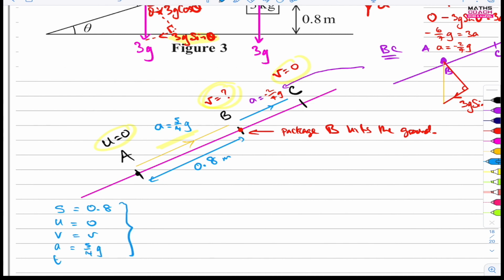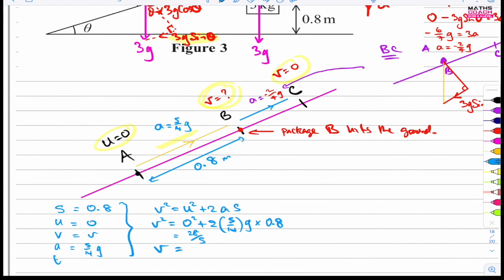So all that can go into v squared equals u squared plus 2as. So v squared will be equal to 0 squared plus 2 times 5 over 14 times g times s, which is 0.8, and then square root the answer. So this is equal to 28 over 5.